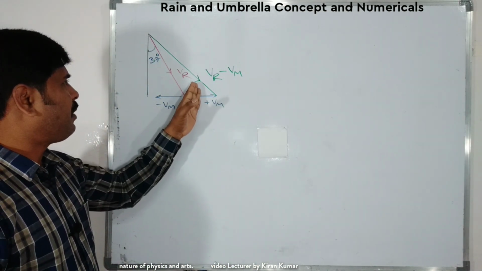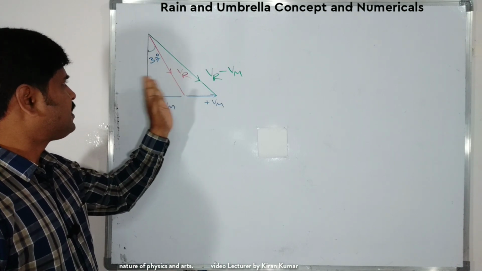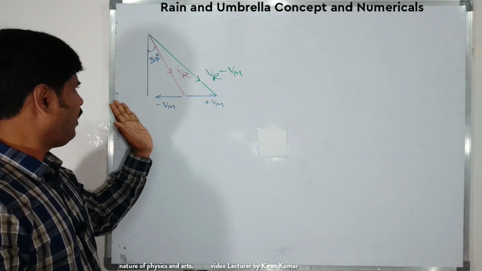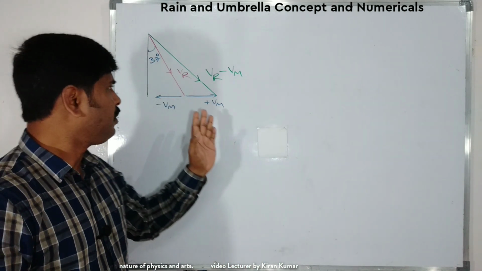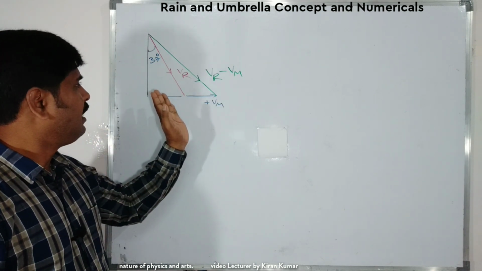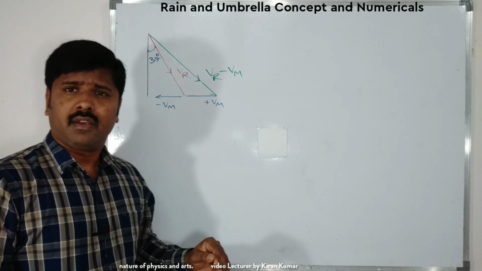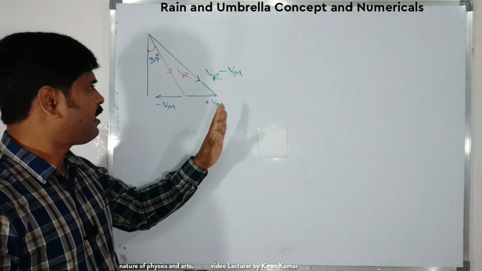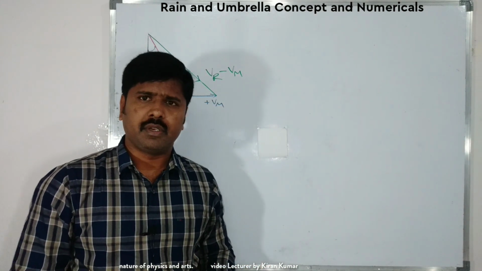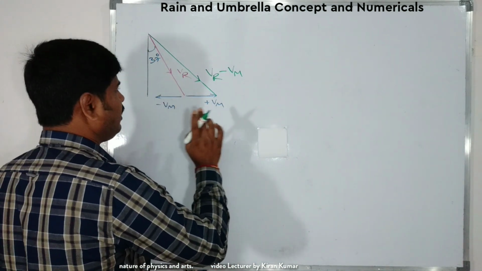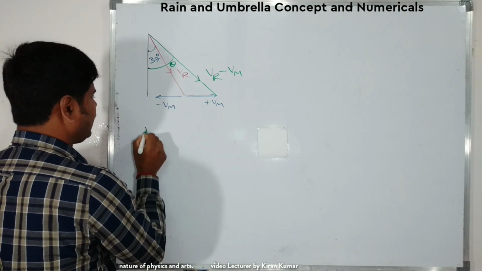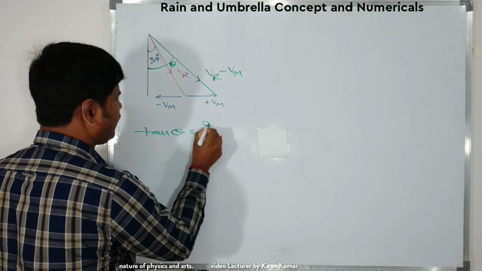Actually we took the resultant on the left side in the previous cases because the man was moving from west to east direction. Here I took the resultant direction, that is the umbrella direction from the vertical, outside the velocity of the rain. The reason is here the man is moving from east to west direction according to the question. Please try to understand. Then this angle is taken as theta.